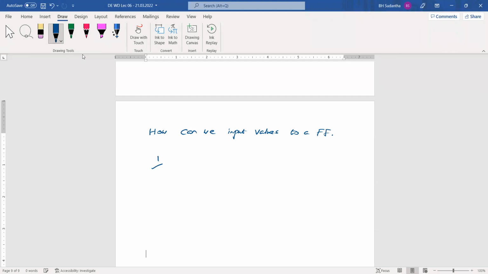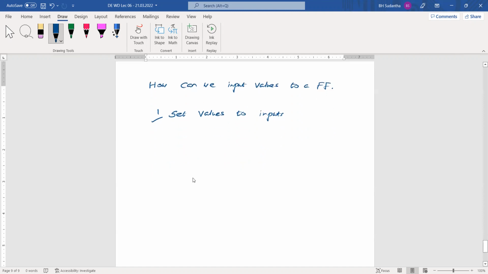First step, set values to inputs. In this case, whatever the flip-flop, it doesn't matter, it's JK or whatever.